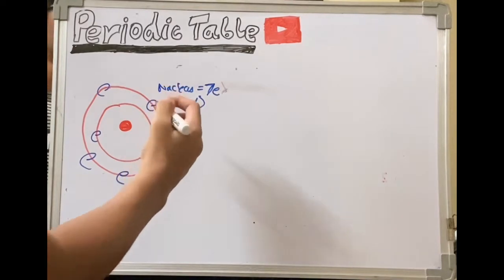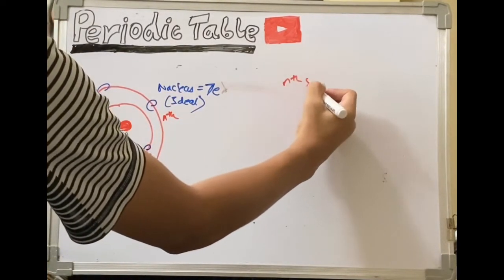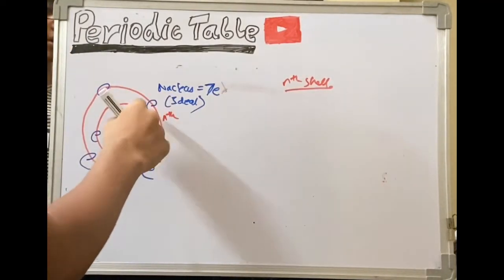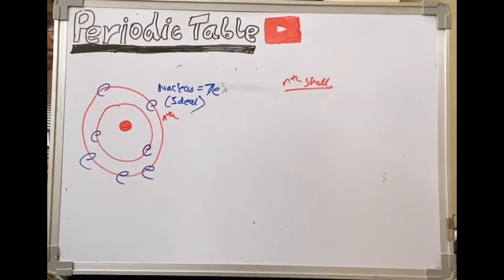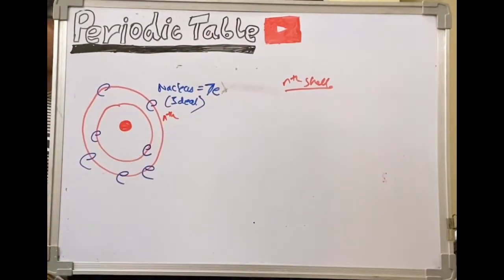So there's a formula in which, considering that we have the nth shell over here, for the nth shell, all the electrons except the one we are protecting will decrease the effective nuclear charge by 0.35 each.